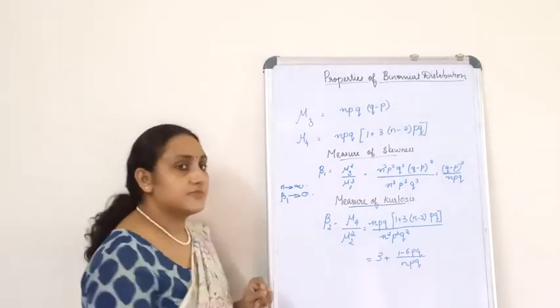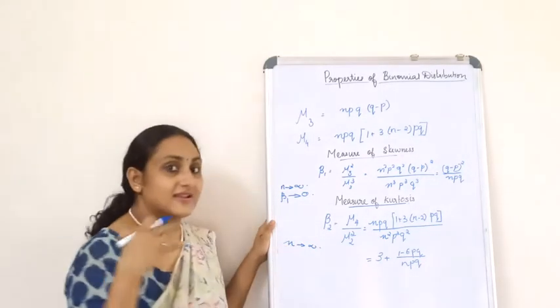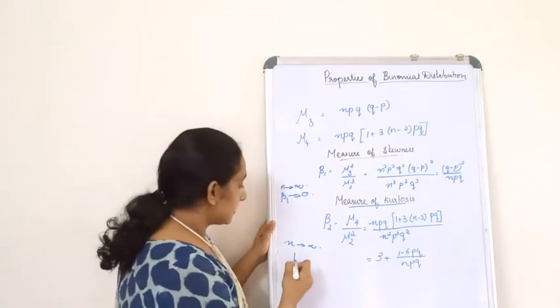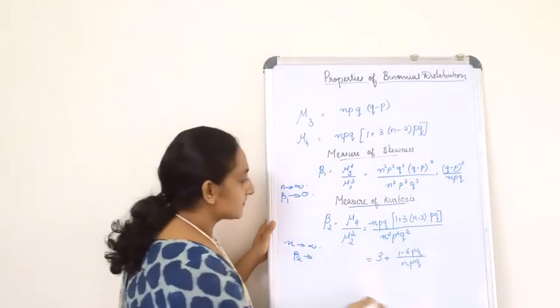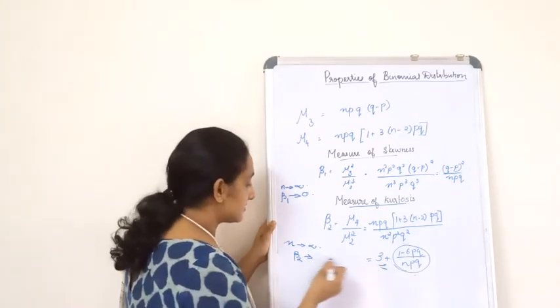Then what about beta 2? When n tends to infinity, that is when n is large, beta 2 tends to, so this term becomes 0 and the remaining is 3.